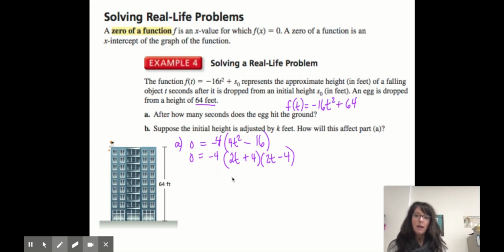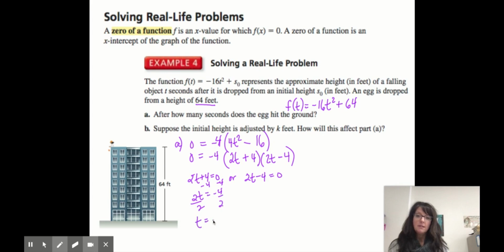So we basically have 2t plus 4 equal to 0 or 2t minus 4 equal to 0. So you're subtracting 4 from both sides: 2t is equal to negative 4, divided by 2.